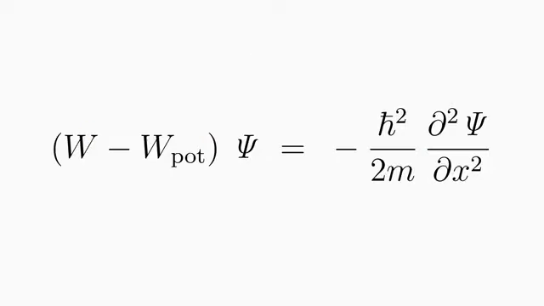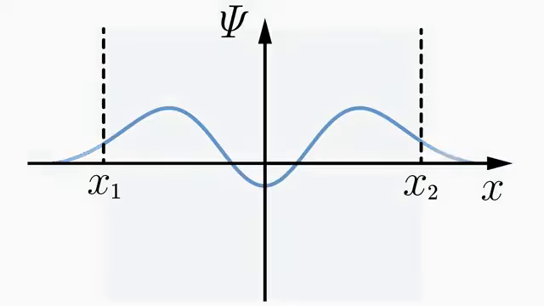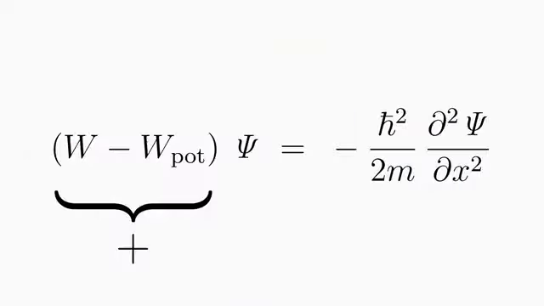Let us first look at the two cases where the energy difference is positive. Here the total energy is greater than the potential energy, so we are in the classically allowed region. The first case is: the wave function at location x is positive. Then the right-hand side with a minus sign in front of it must also be positive to satisfy the equation.